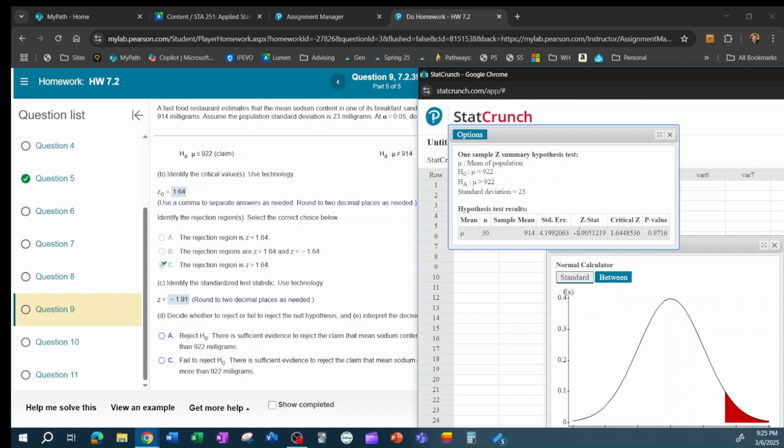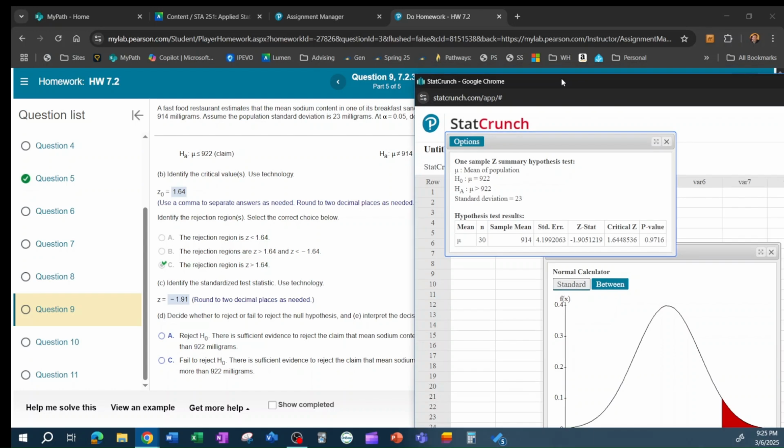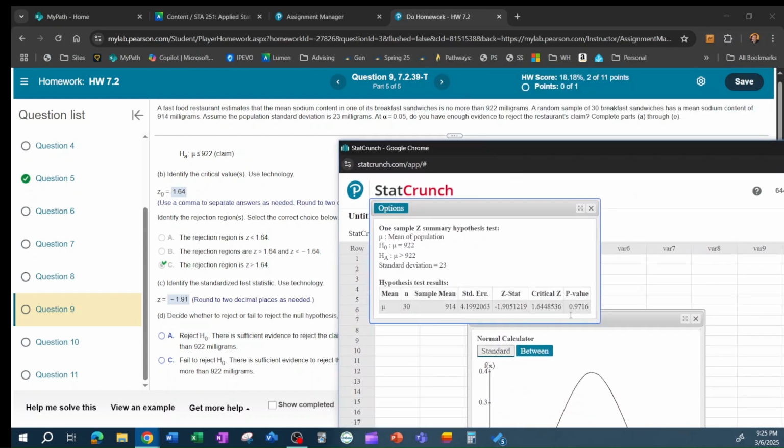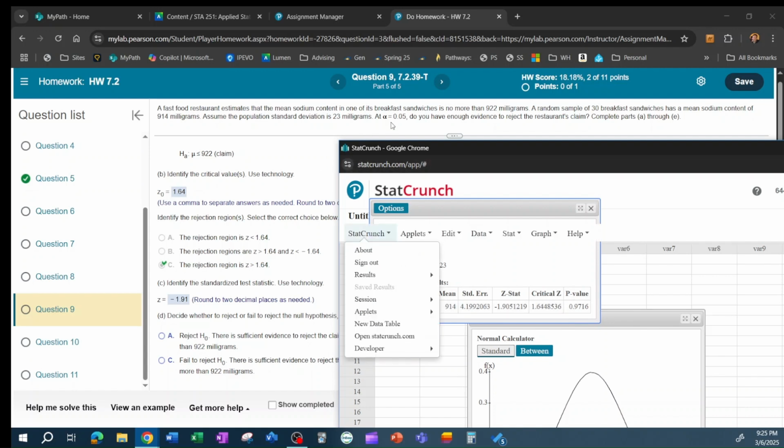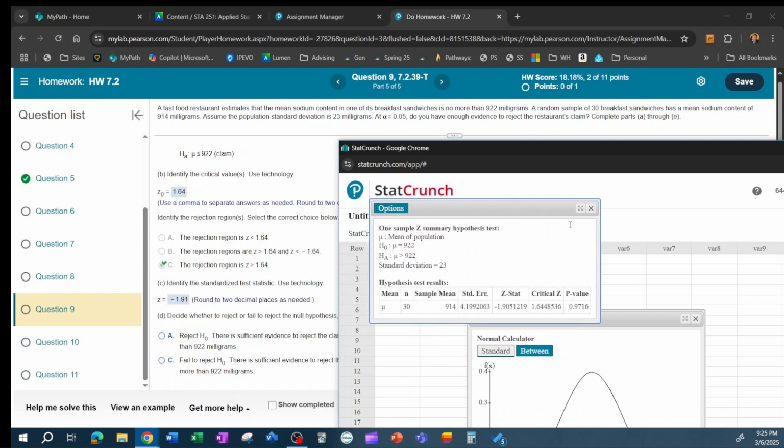The test statistic is way less than that. It's on the other side. So that's not in the rejection region. We can't reject it. The other way we could do that would be to look at the p-value. Our p-value is 0.97. Is that less than alpha? And alpha was 0.05. This is way more than alpha, so we fail to reject.